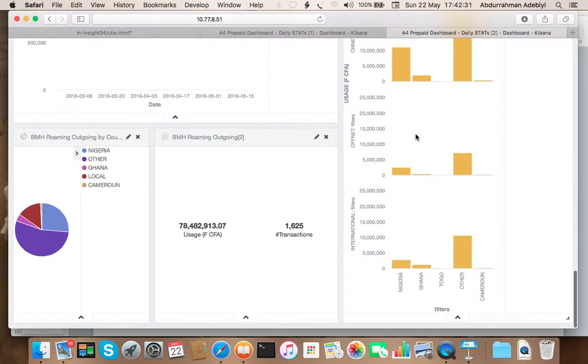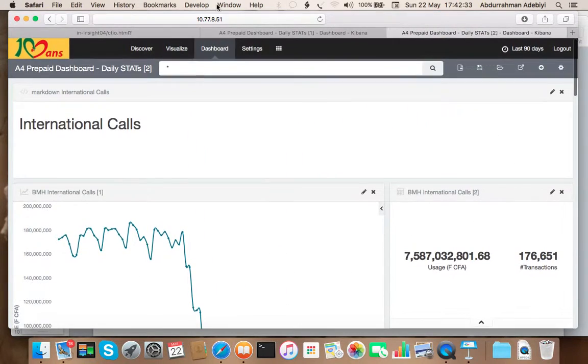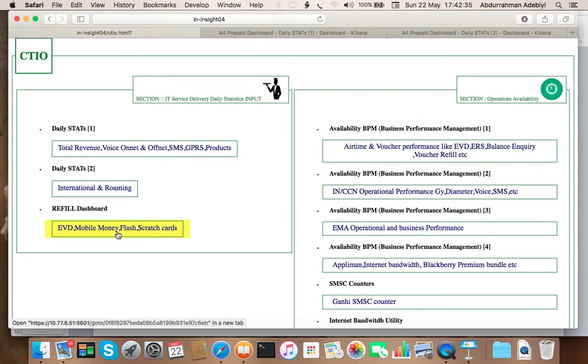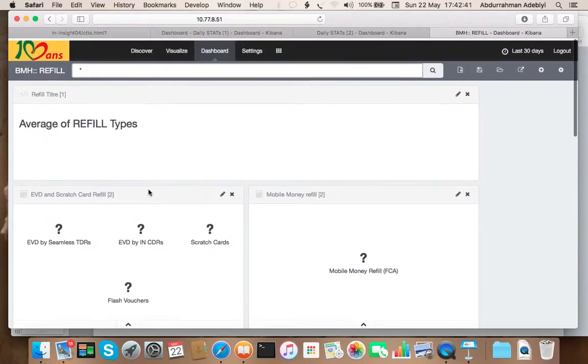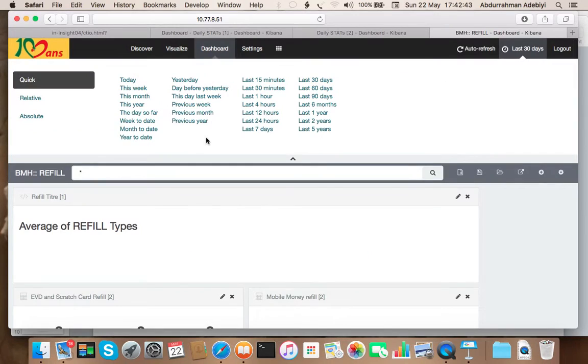Okay, so we'll move on to EVD and mobile flash. We've seen this in some other pre-demos as well. We'd like to see the last 90 days, since we don't have the last 30 days.